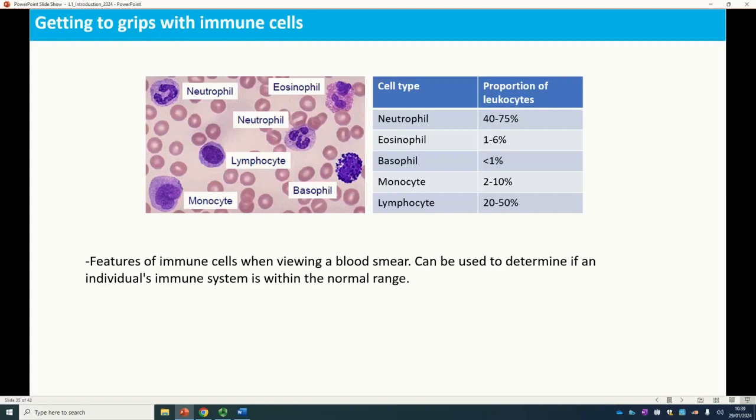So you can see that a neutrophil will account for between 40 to 70%, whereas a lymphocyte may account for between 20 and 50%, and some of the others are quite small in proportion. And this is quite useful, being able to identify them on a blood smear under the microscope, because you can then determine whether an individual's immune system is within the normal range, whether that individual is healthy, or perhaps whether that individual is suffering from an infection, by the different proportions of the cells that can be seen in a blood smear.